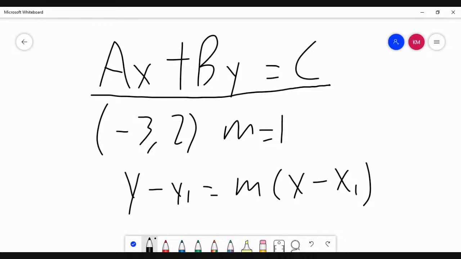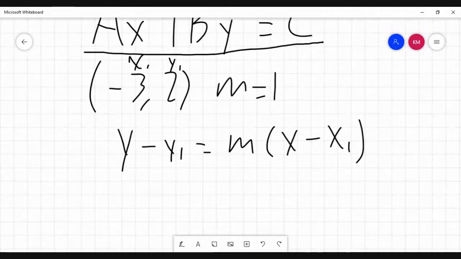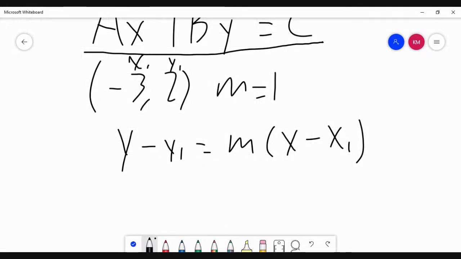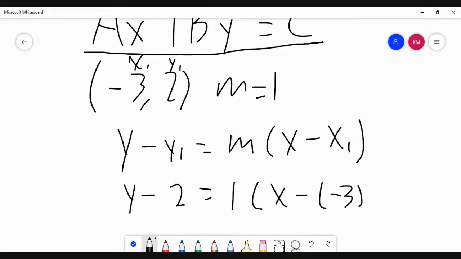So, since we have this information, label my point x1, y1, and then I substitute or plug in y minus 2 for my y1 equals 1, which is m, x minus a -3. Simple enough, right?